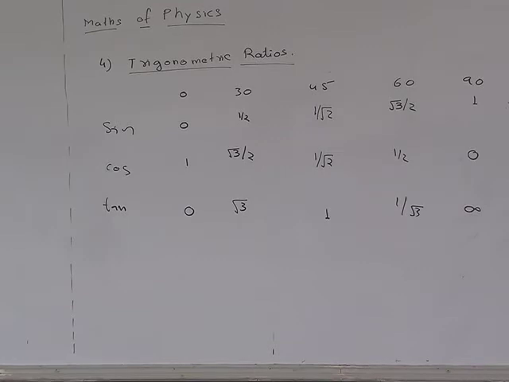These are some values of sin theta, cos theta and tan theta, which you are supposed to memorize because they will be required every now and then. Sin 0 is 0, sin 30 is half, sin 60 is root 3 by 2. Cos 30 is root 3 by 2, cos 45 is 1 by root 2, tan 45 is 1, and so on. You are required to memorize this table. You have already done it in class 10th, I know that.